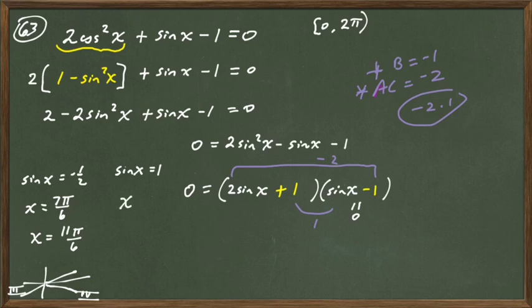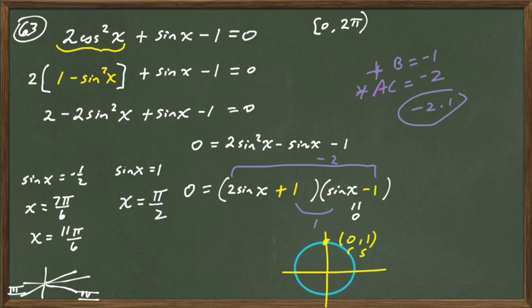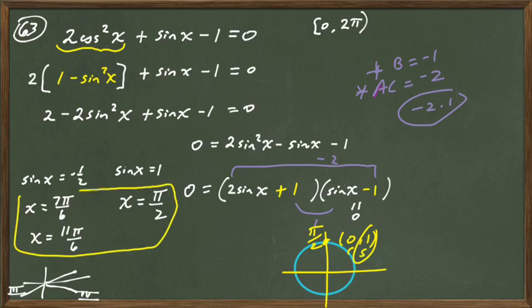Where does the sine of x equal 1? I believe at pi over 2. Think about the unit circle, cosine sine, 0, 1, and where is that occurring at? Pi over 2, that is, pi over 2. So anyway, I hopefully have 3 answers on number 63.